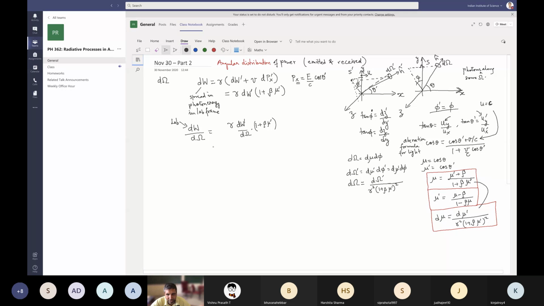So this is nothing but gamma cubed times (1 plus beta mu prime) cubed, the squared coming from there, times dW prime by d omega prime.